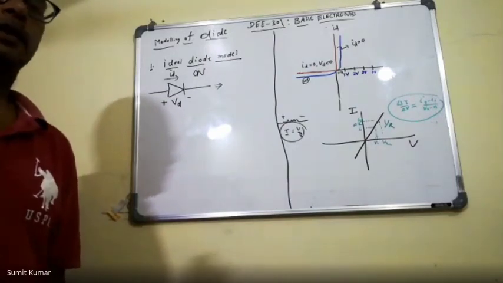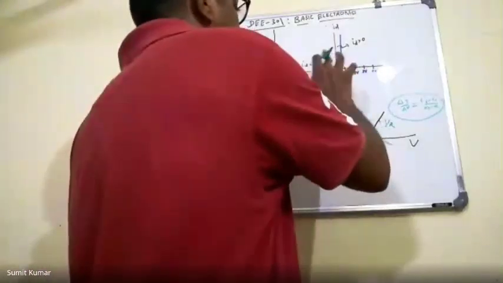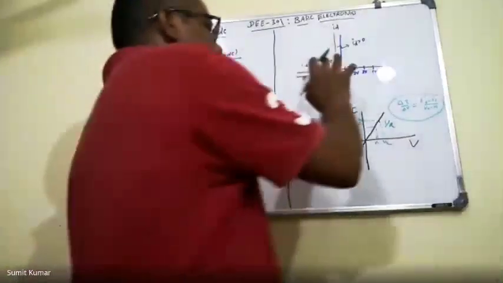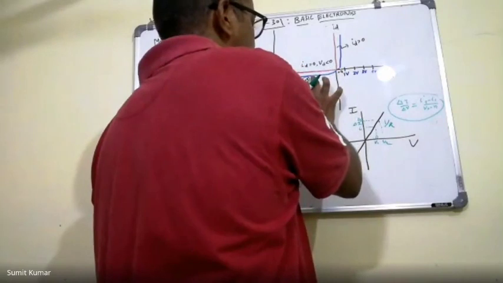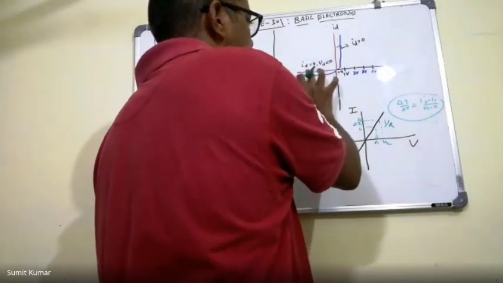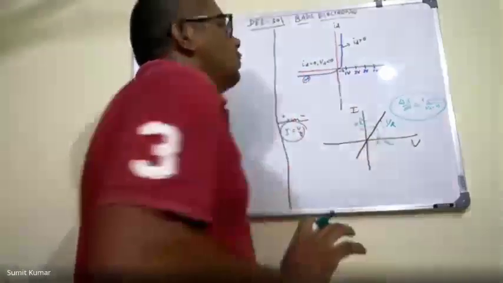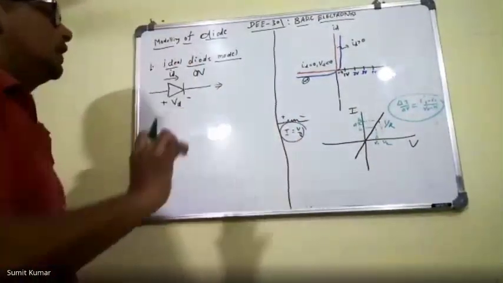We take just some approximation. So here I have approximated this current value as 0, and I have approximated this 0.7 as 0. We have done the approximation, and this is the first model, the ideal diode model.